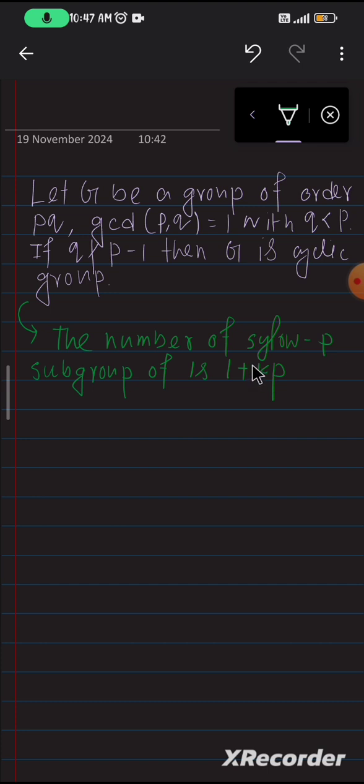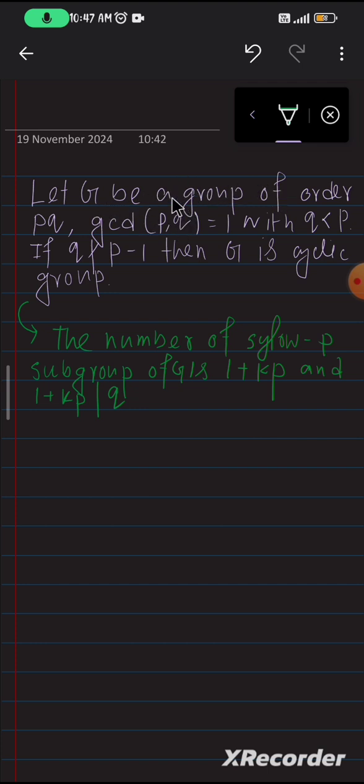We use Sylow's third theorem here. So the number of Sylow P subgroups of the group G is 1 plus Kp, and we know that 1 plus Kp divides Q. Why? Because the number of Sylow P subgroups divides the order of G.